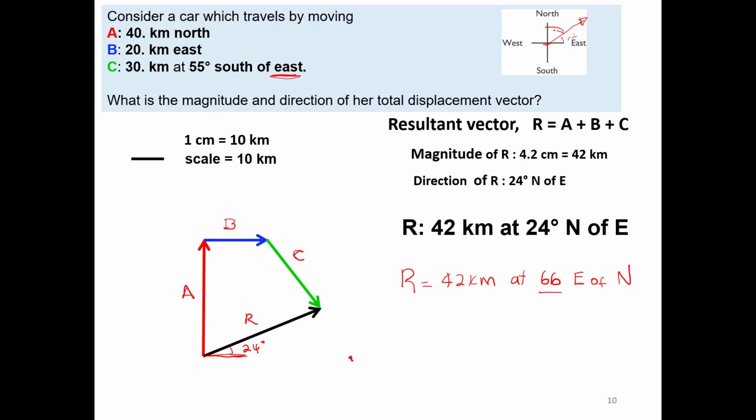If we measure this angle, then it can be another answer. But this is okay, I think this will be easier. But the other answer is also right. This is another way we can measure the same direction. If we measure this angle, it means we start measuring from north. Okay, this is all I had to discuss for today.